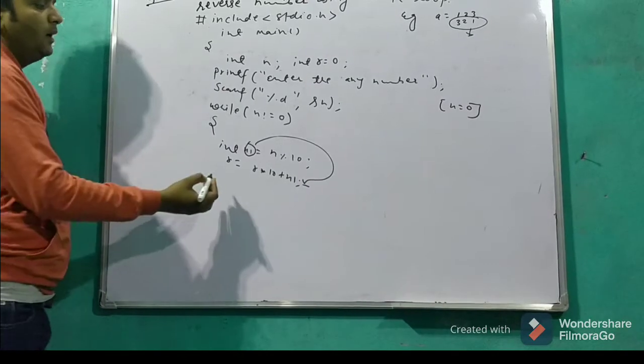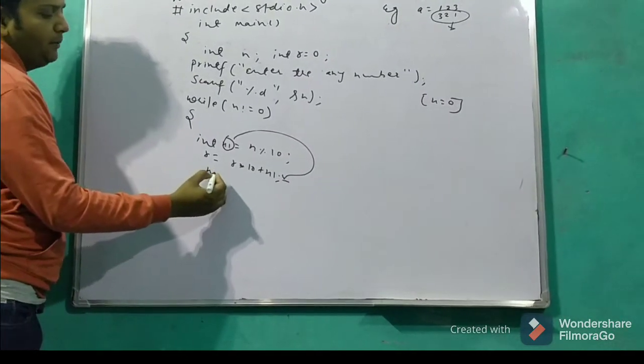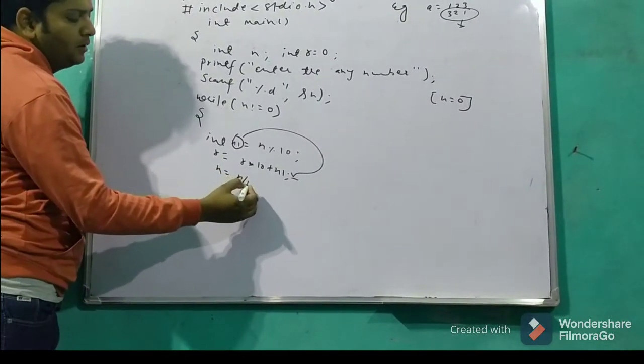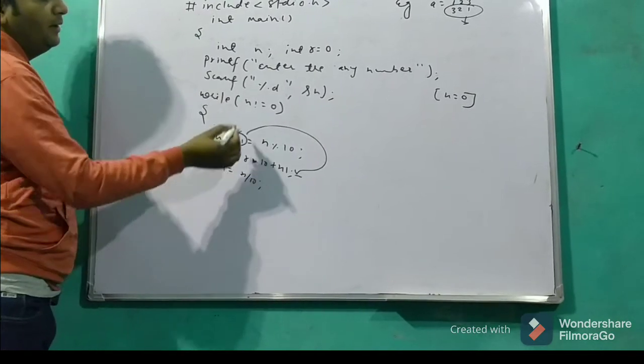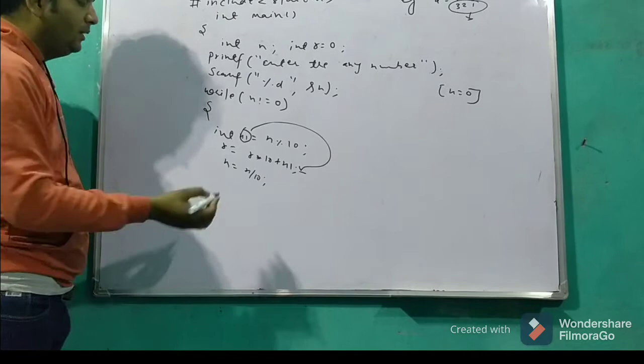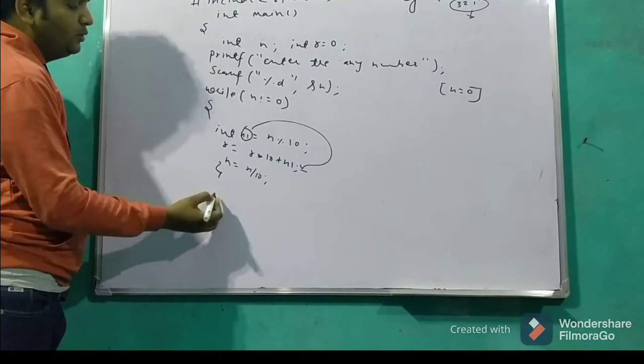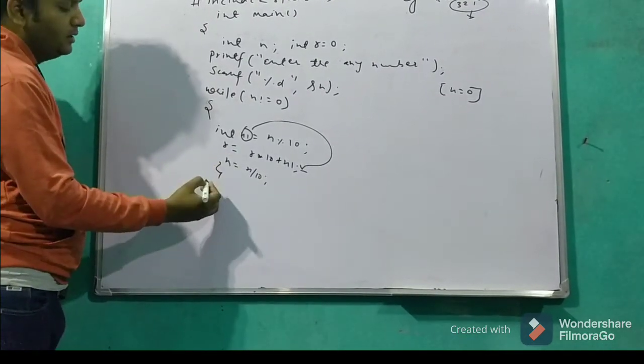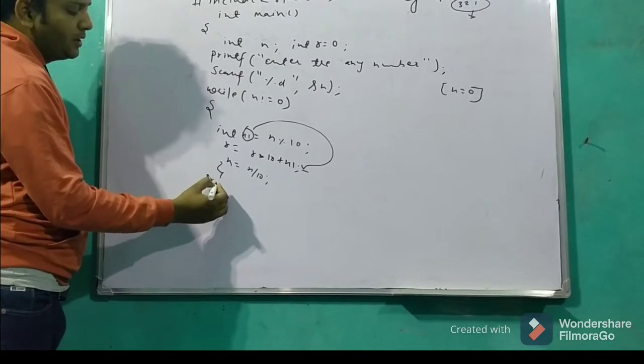Similarly, we have to divide the same number by 10 until we get the value 0. This keeps on repeating. Once the condition mismatches, only then it is going to print my respective result.